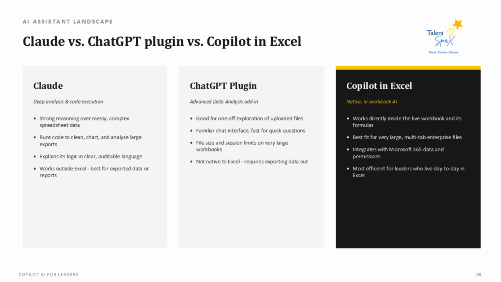Copilot in Excel is the only one of the 3 that lives directly inside the workbook, reading and writing formulas in place, which makes it the most efficient choice for leaders who spend their day in Excel itself. Many teams end up using Copilot day to day, and Claude or the ChatGPT plugin for deeper, one-off analysis.